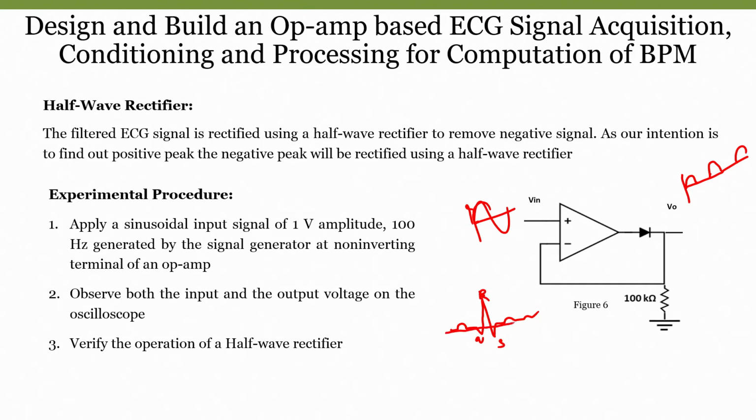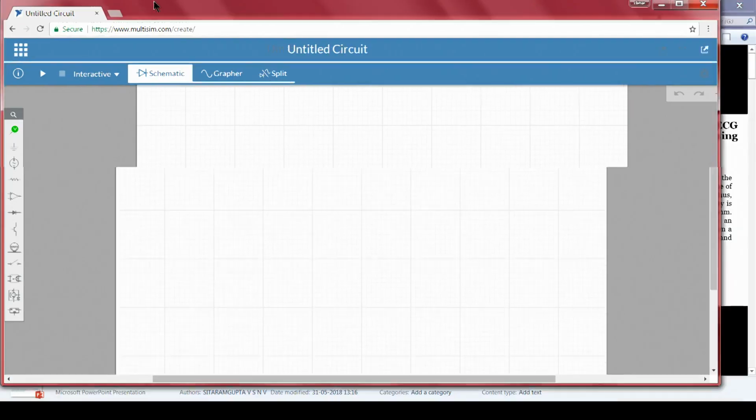So, what we can do is remove the signals which are lower than this value. That means the negative values can be completely eliminated by using this half wave rectifier. To understand that, we will do a simulation. Now, what do we require?